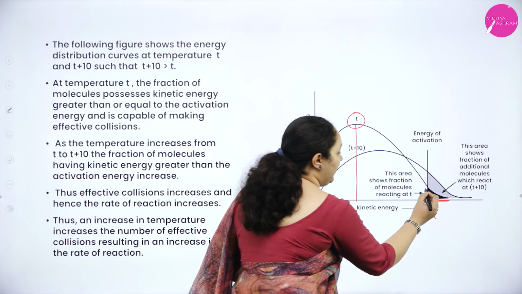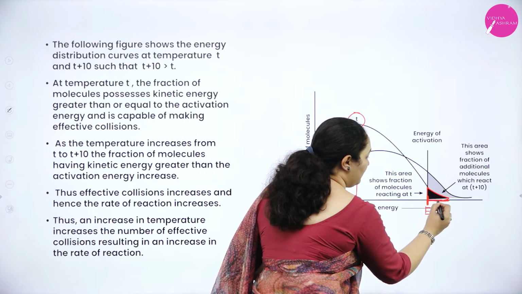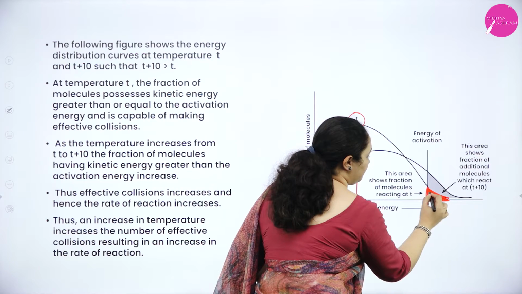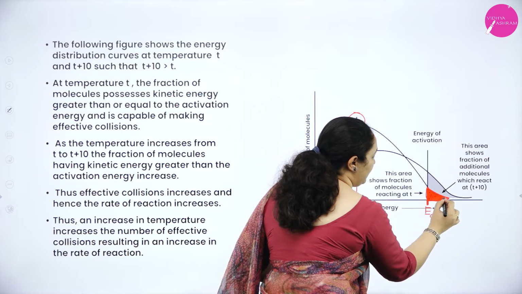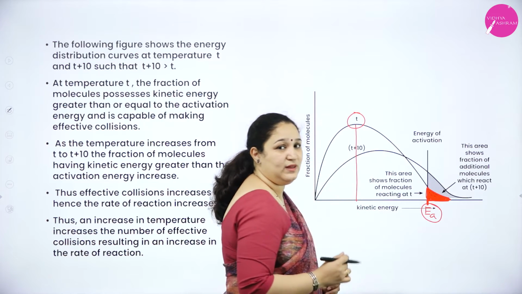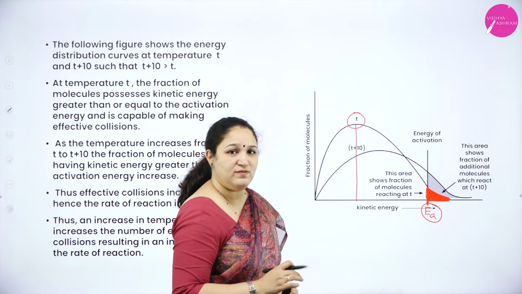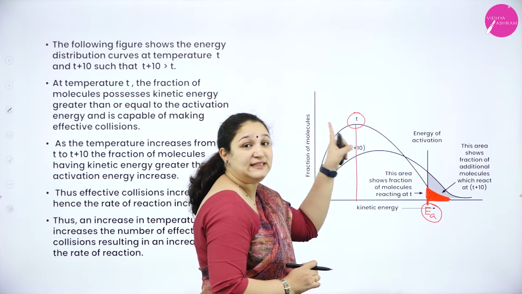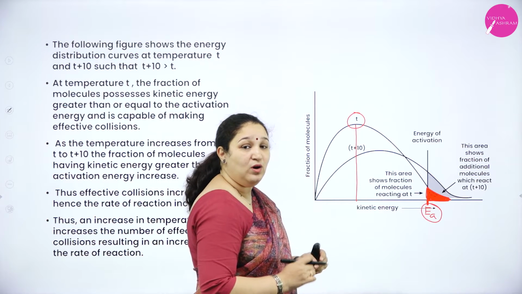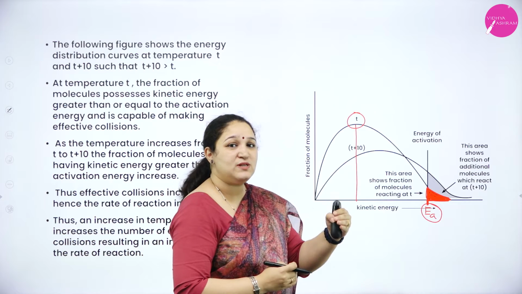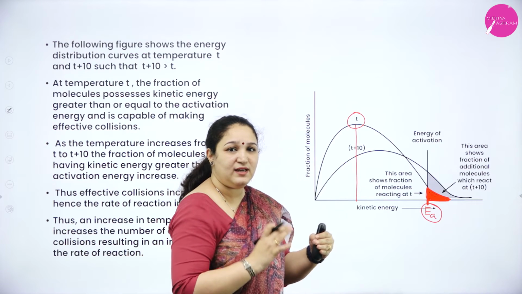So you see the area under the graph, these many molecules are there with activation energy which can form products. That is at temperature T. Now I told you the entire reaction mixture's temperature was increased by 10 degrees Celsius.